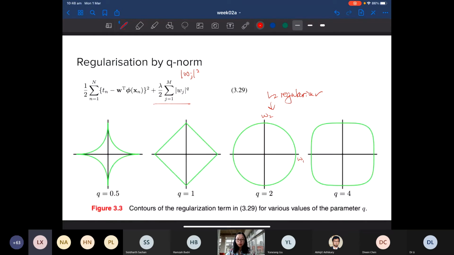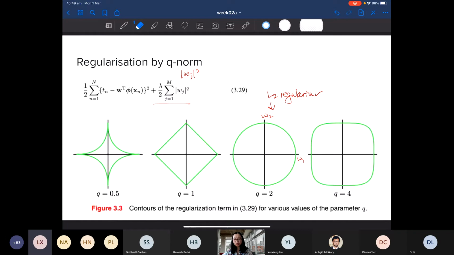When the regularizer is linear, or q equal to 1, we can see that the contour lines are lines, because these are linear functions. So this is essentially a pyramid in 3D, right? For q less than 1, it's a concave pyramid squished towards the inside.